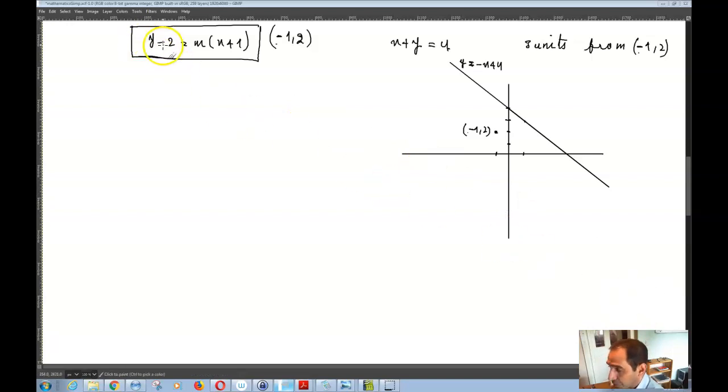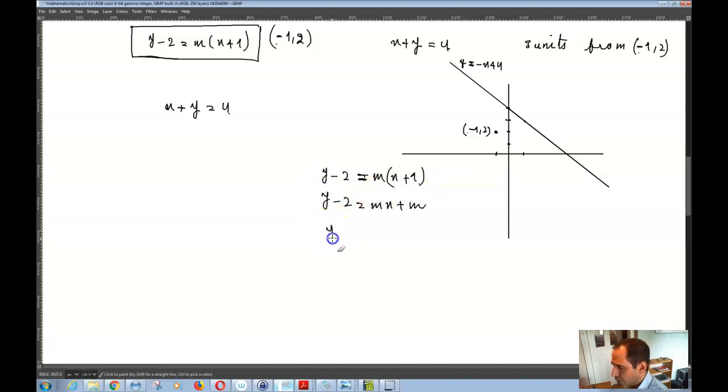Now the point of intersection of these two lines: x plus y is equal to 4, and I need to write the other in the same way. I write y minus 2 is equal to m times x plus 1, so y minus 2 is equal to mx plus m.